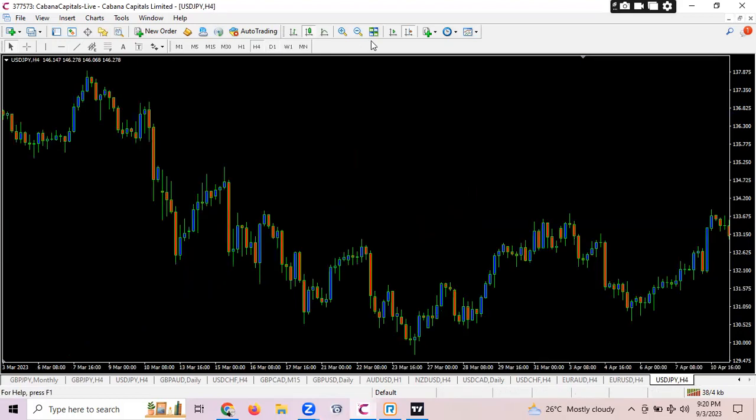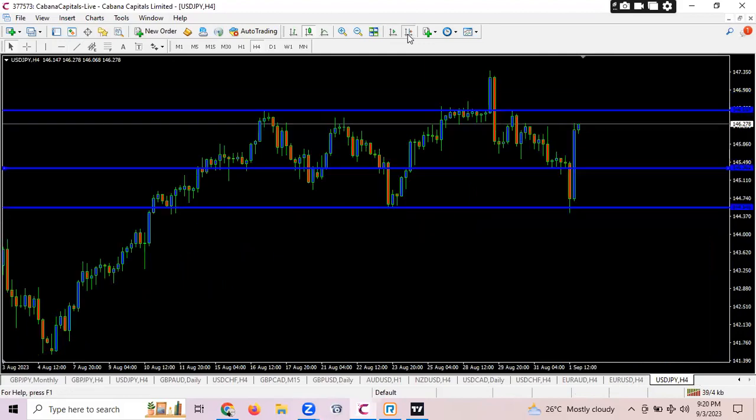Let's go down to 4-hour. On 4 hour, we have a support here. We can work with this resistance turn support. Then on 4 hour, we had our resistance here.